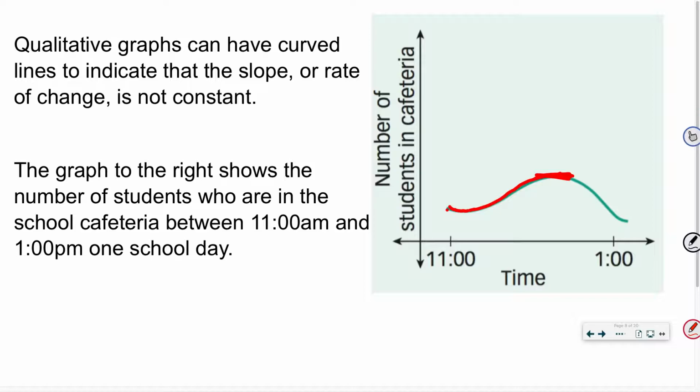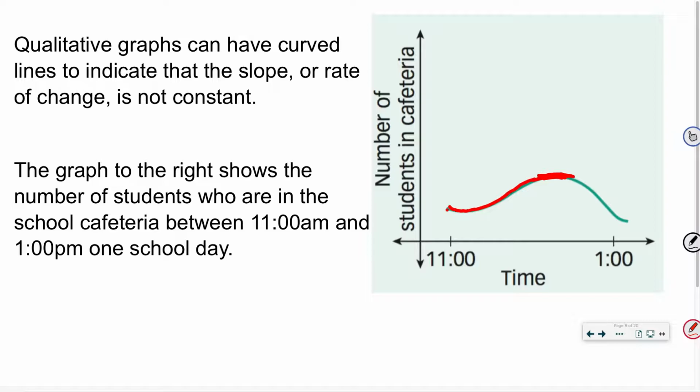Are people coming in and out at this point? No, people are just coming in. Everybody's just sitting in there. In this period of time, the number of students in the cafeteria is not really changing a ton. The bell rang, students came in. What do you think's happening? They're eating. Yeah, they're probably eating, right? And then now this line moves a little bit.